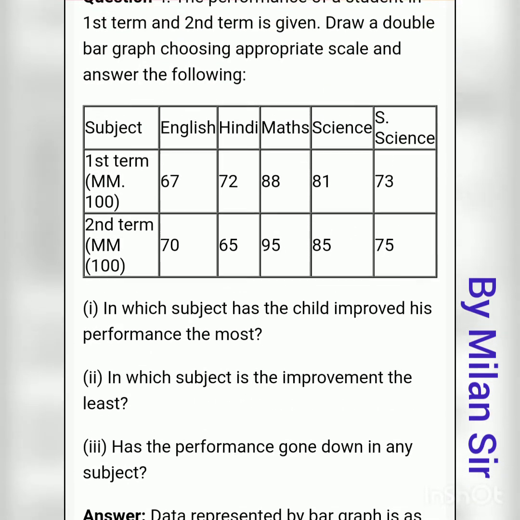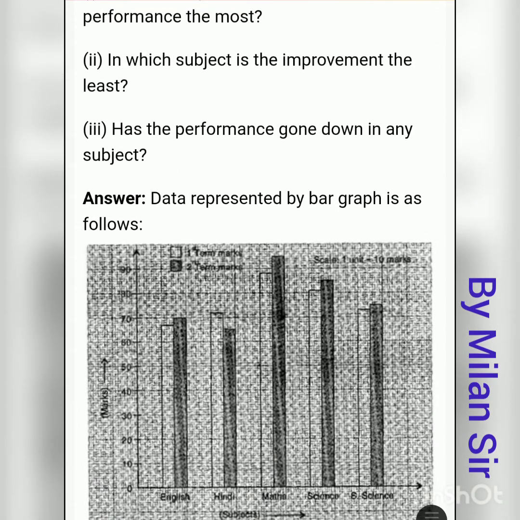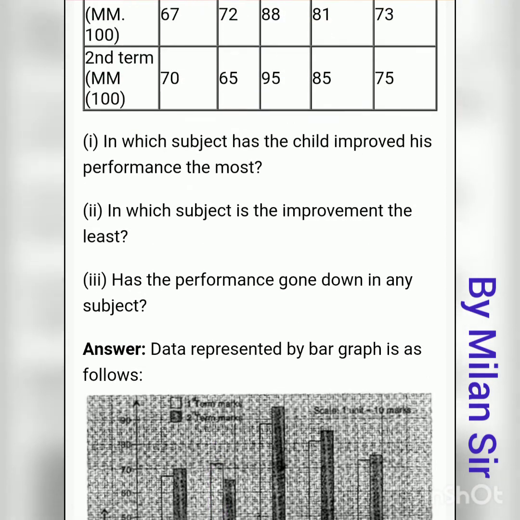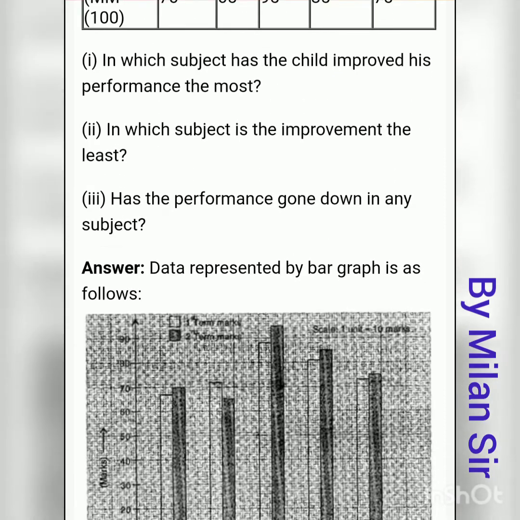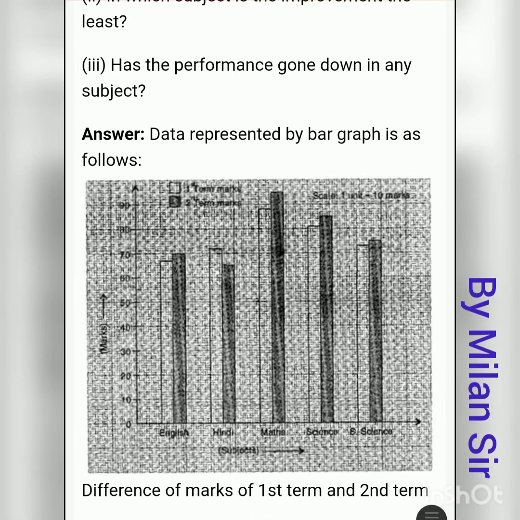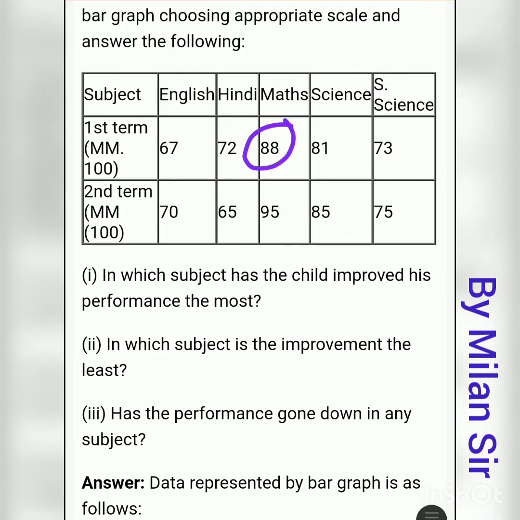Now for Hindi, first term 72. So up to 72 lines, the blank portion is for the first term, and for the second term 65. The second term 65 is exactly in between 60 and 70, and it is the filled-up portion because it represents the marks of the second term. After that for Maths, first term 88.